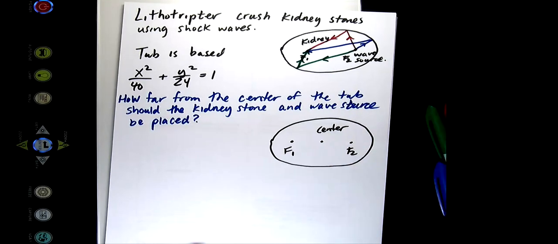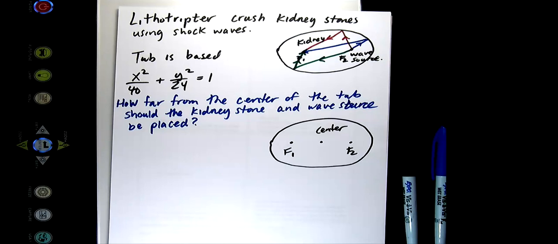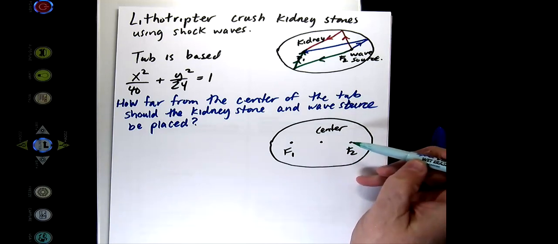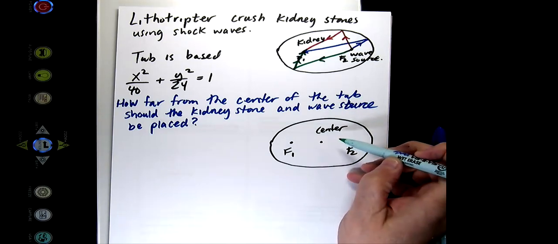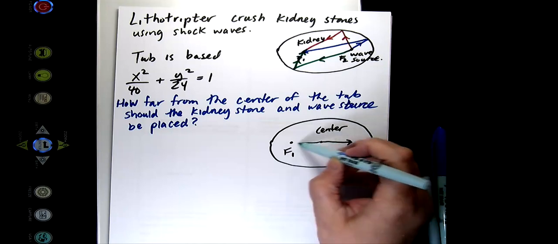What is this question asking me? Not the distance between the two foci, but close. It's finding the distance from the center to each focus.